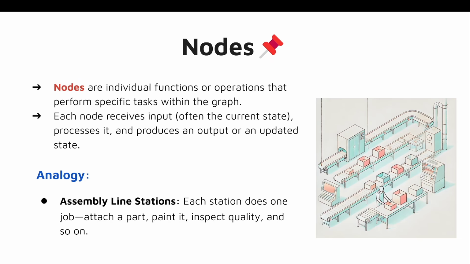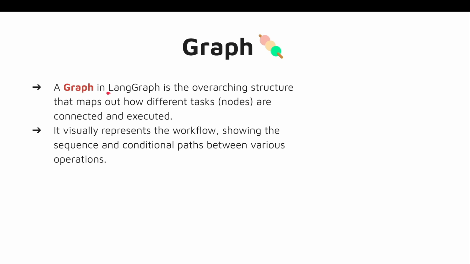So how do you actually connect these different nodes together? Well, before we go into that, I think it's important we understand the most important element of them all, the graph. It is so important that it's even in the name, LangGraph. So the graph is just the overarching structure, and it maps out how different tasks, aka nodes, are connected and executed.